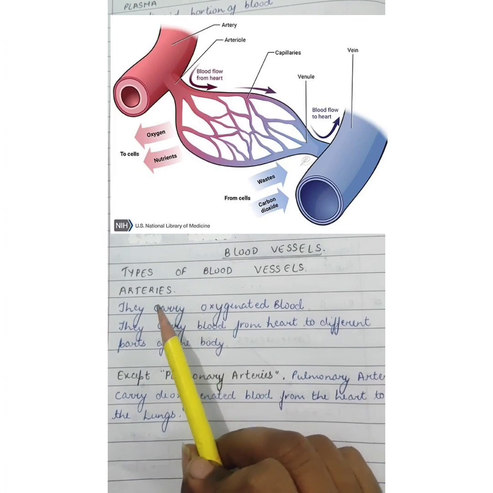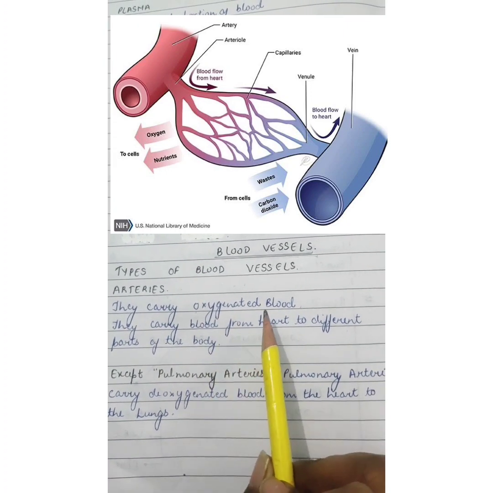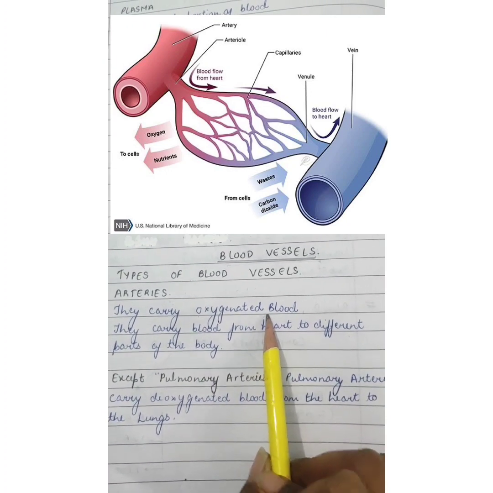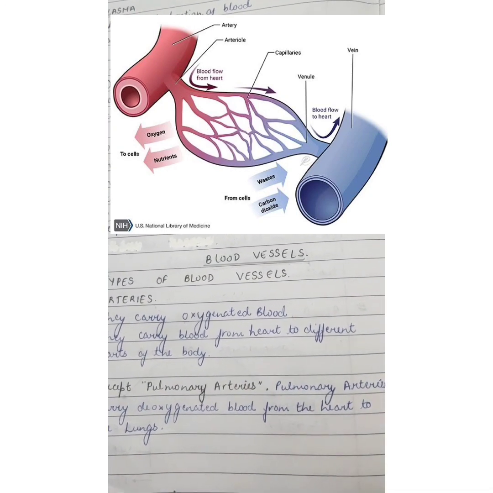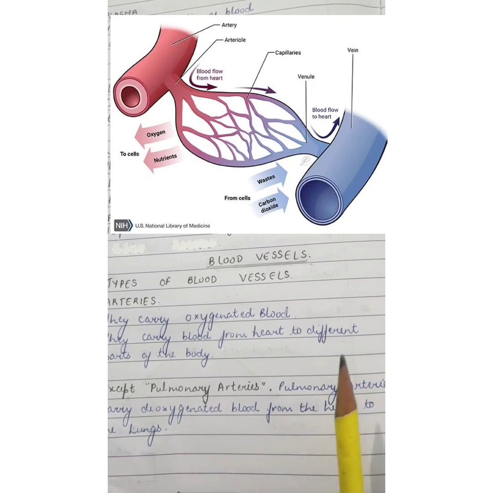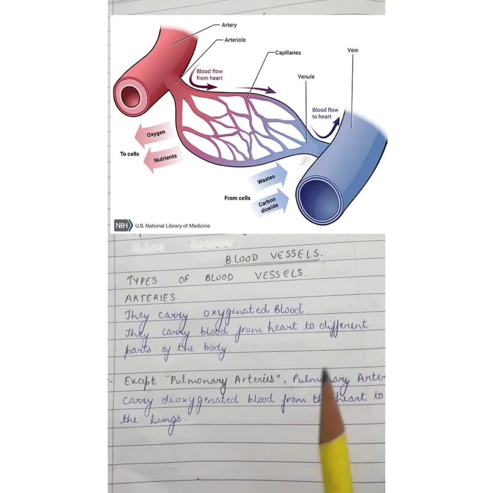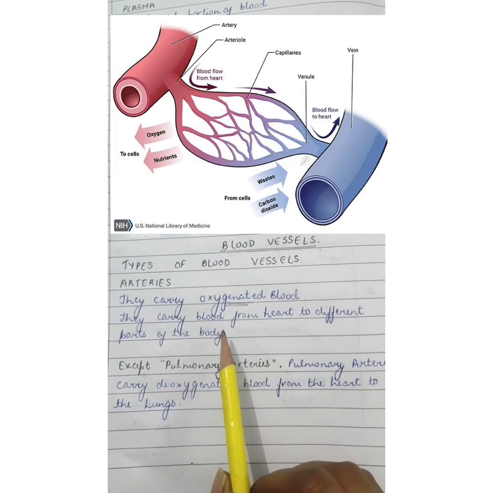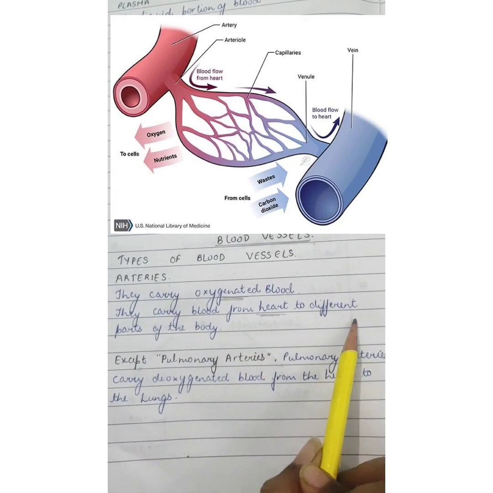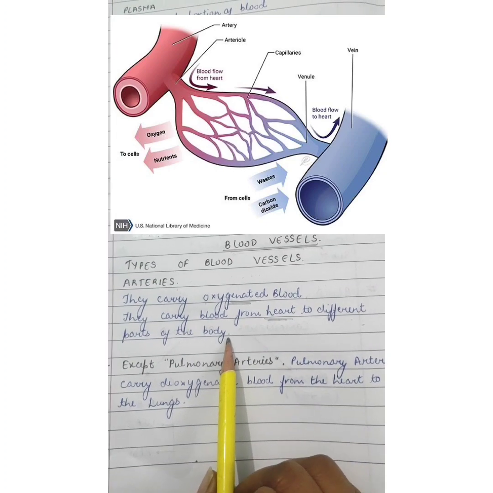Arteries are the blood vessels that carry oxygenated blood. Oxygenated blood means the blood that contains oxygen, which is rich in oxygen molecules. So arteries carry oxygenated blood from the heart to different parts of the human body.